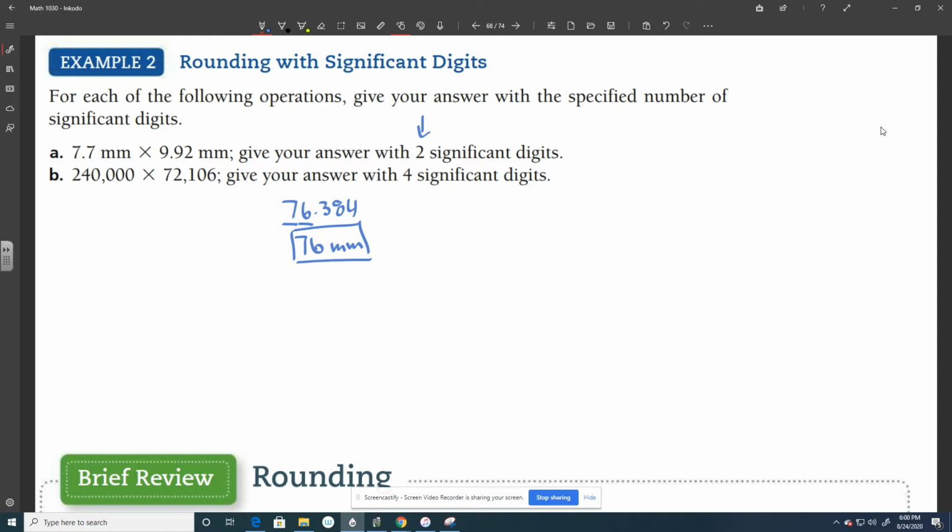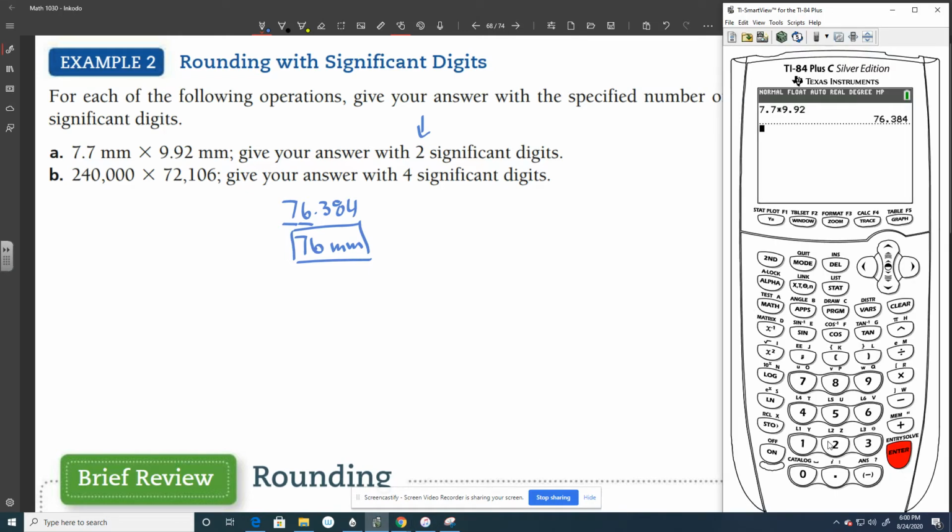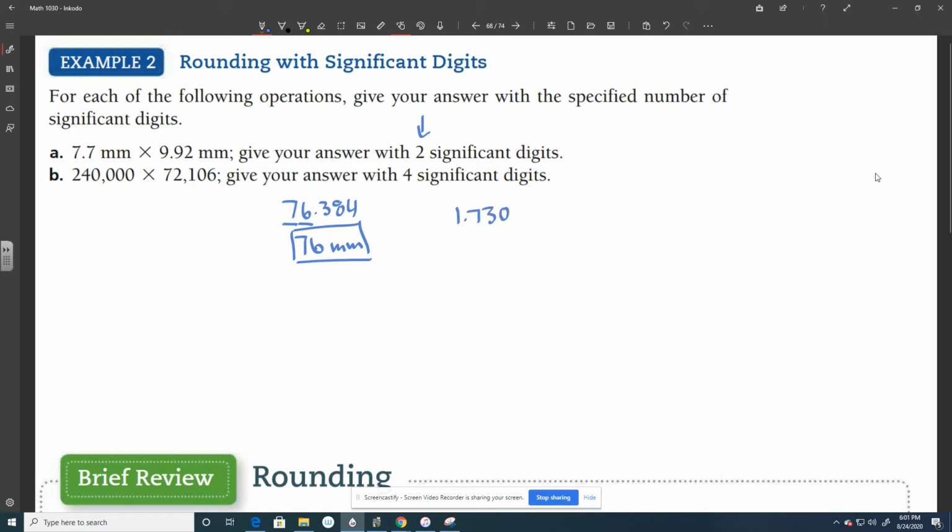Okay. The second example, 240,000 times 72,106, and it wants 4 significant digits. So if we take 240,000 times 72,106, it gives it to us in scientific notation, which isn't a problem. 1.7305 times 10 to the 10th power, right?